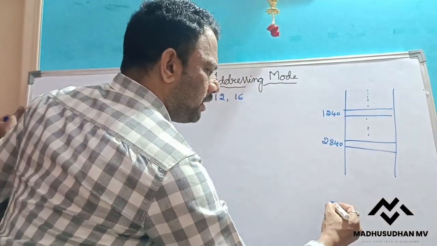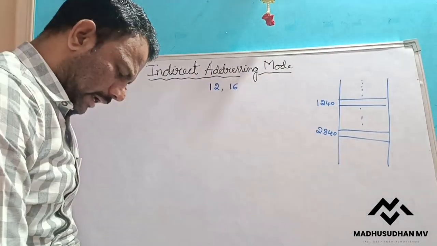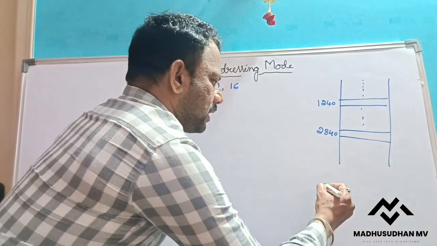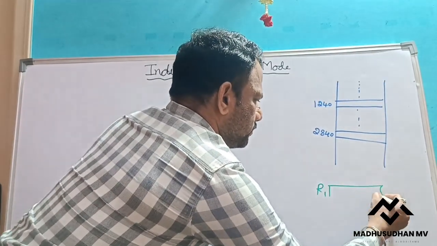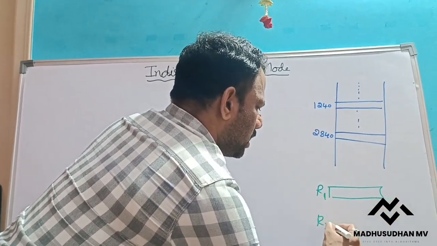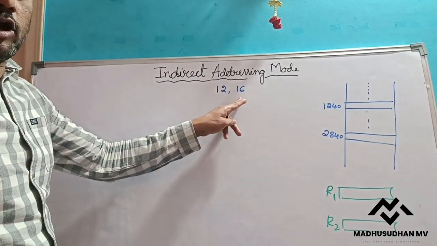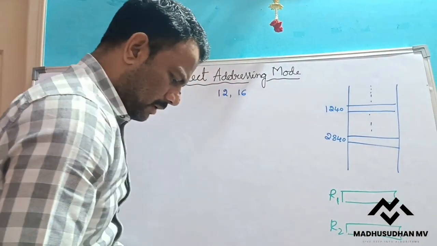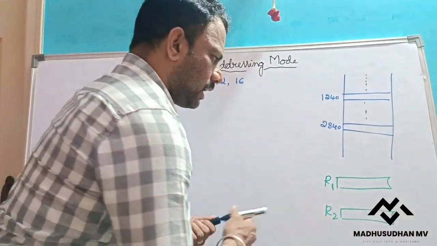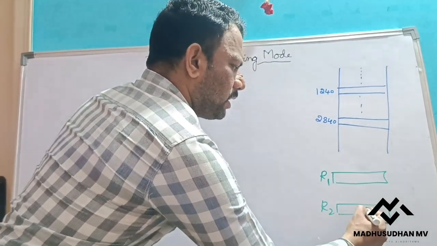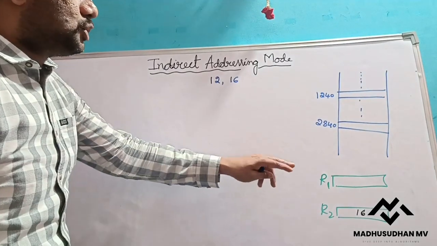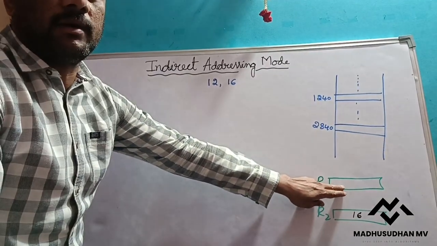Now I have two registers, R1 and R2. The second operand, 16, I will store in register R2. I will not store 12 directly in R1.